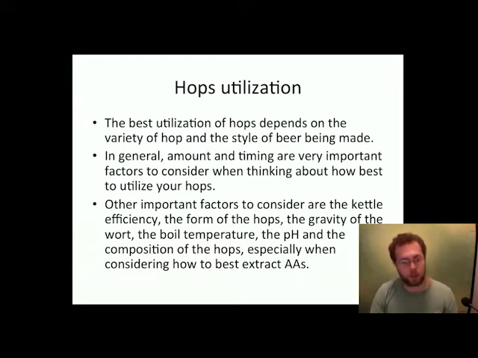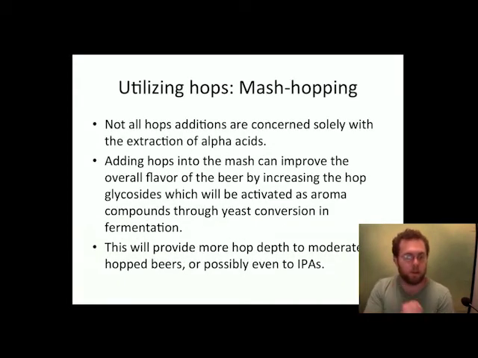The boil temperature and the pH both have an impact, and the composition of the hops themselves, how much alpha acids they have, how much oils and such they have, and what oils you're getting, and so on.